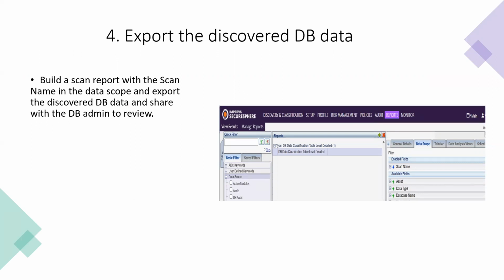Sometimes the DB administrator would discuss with the compliance team to identify what is sensitive and non-sensitive. So as an administrator, we can just export the data and then provide it to the database administrator. So that's a step here. There is a type of report we can create, with a scan name that pulls all the results in the report, as a CSV or PDF.